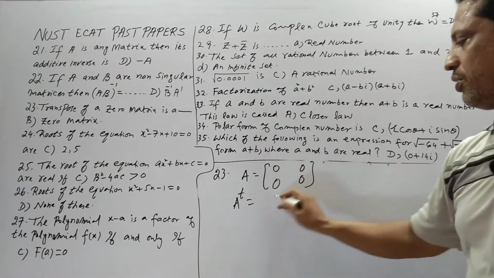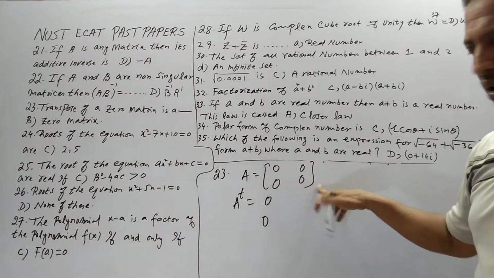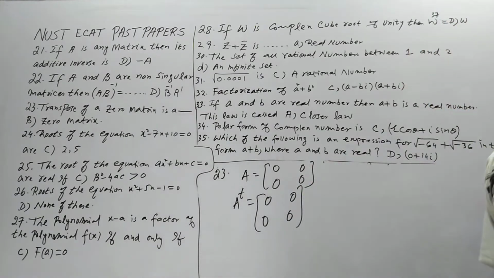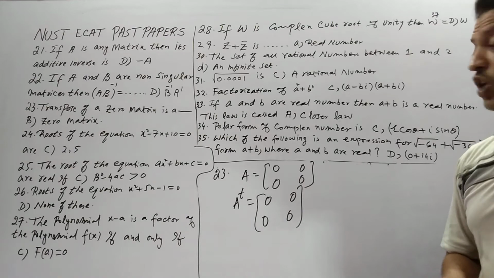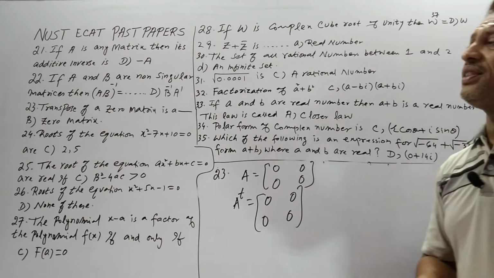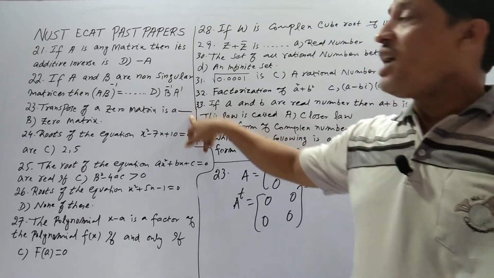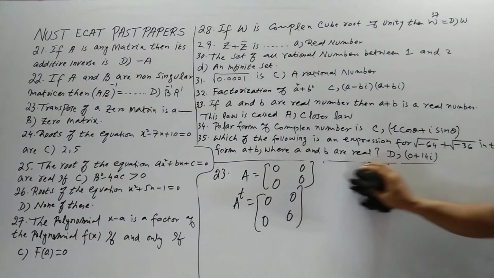So this is 0, 0, this becomes 0, 0, and row number 2 becomes column number 2. But is there any change after writing the transpose of the 0 matrix? No change. Therefore the answer is that the transpose of a 0 matrix is the 0 matrix. The correct option is B, 0 matrix. Hope you understand.